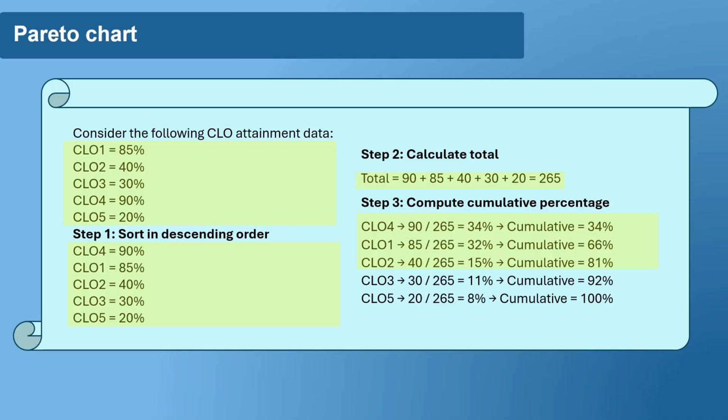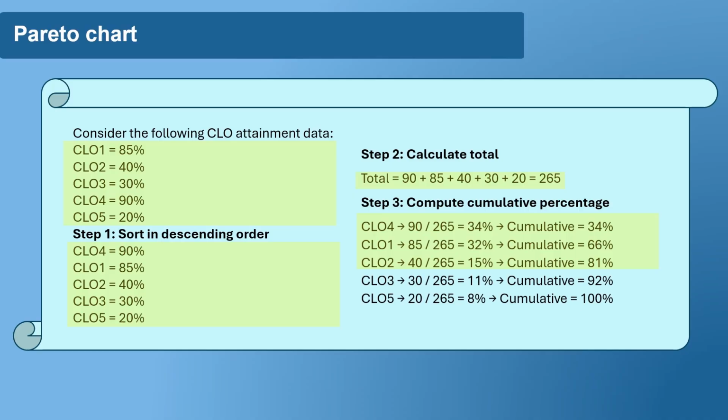Then this process continues for all the remaining CLOs, allowing us to observe how each contributes to the overall attainment in a cumulative manner. The cumulative percentage is essential for constructing the Pareto line and identifying the point at which a significant portion of the total attainment is achieved, that typically lies around 80%.